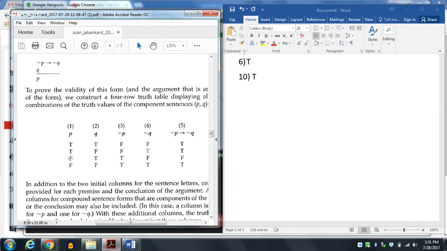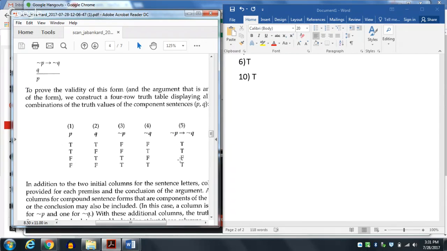We move down here. If P is false, we know that not P is true. If Q is true, we know that not Q is false. Okay? What about the conditional? Well, not P is true. Not Q is false. If you have a true antecedent and a false consequent, then you know you have a false conditional, so you put a false there.